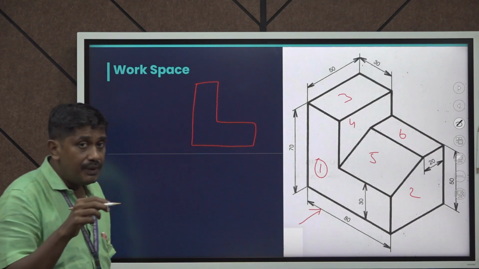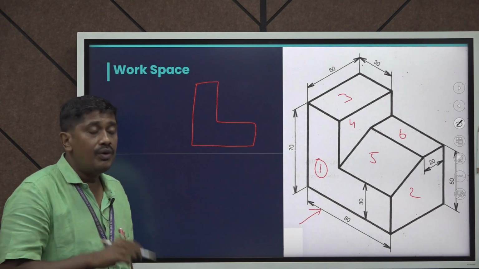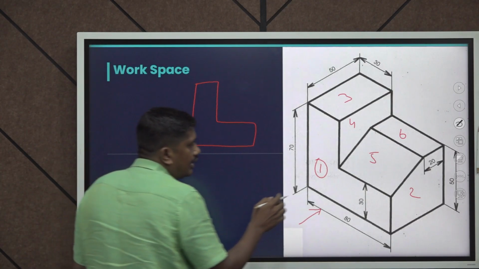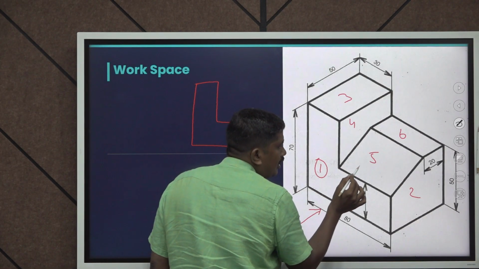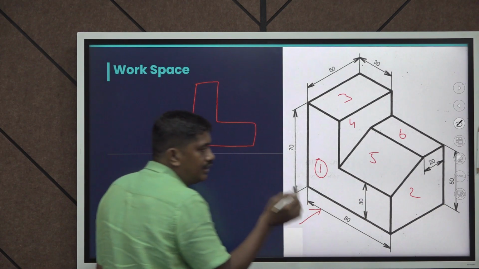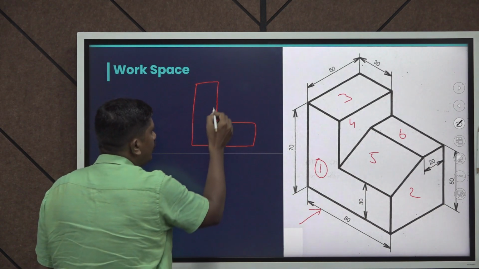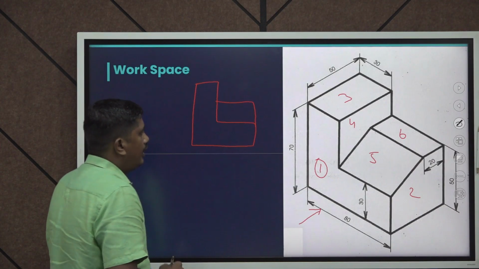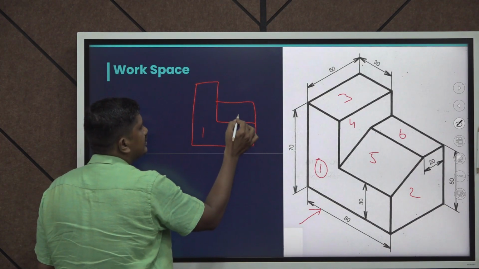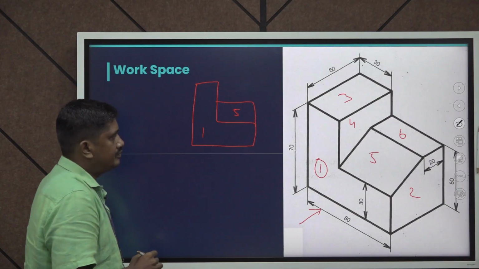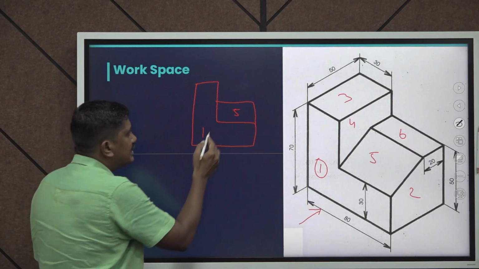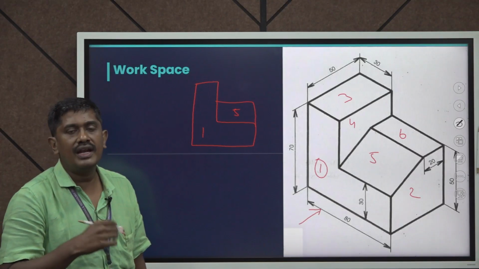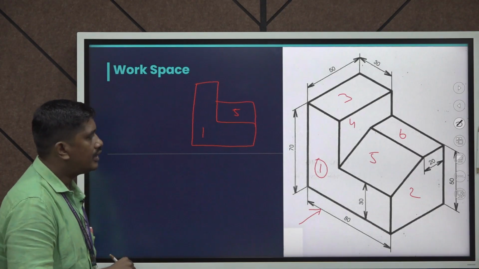The phi is visible in the top view as well as in the front view, because this inclination is also visible in the front view. This is the first one and this is the fifth one. This line separation is very important because both lie on different planes, right.